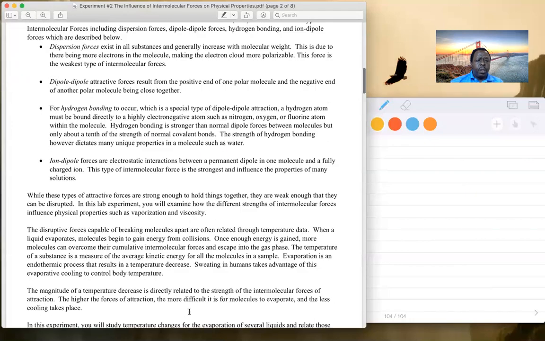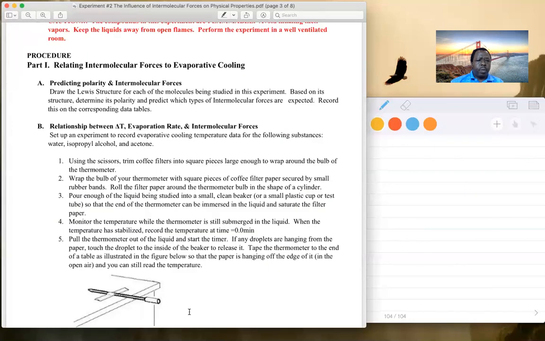So for part one, all right, for part one, you will predict the polarity, which molecule is polar, which one is non-polar. Remember, the polarity has to do with the electron distribution, which one is more polar. If one atom pulls electrons to a side, the molecule is more likely to be polar.